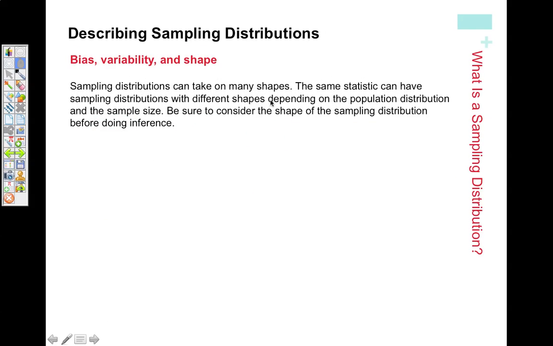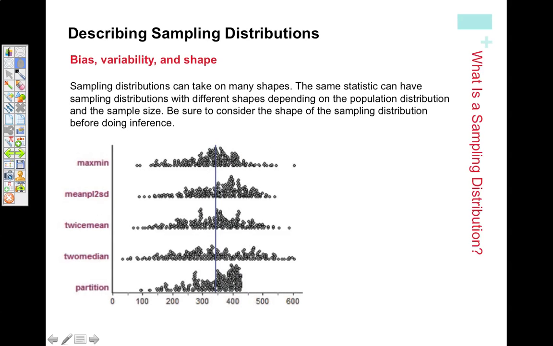Sampling distributions can take on many shapes. The same statistics can have sampling distributions with different shapes depending on the population distribution and sample size. Be sure to consider the shape of the sampling distribution before doing inference. So these are some different things that we can measure, that we can sample: max, min, the mean, standard deviation, twice the mean.